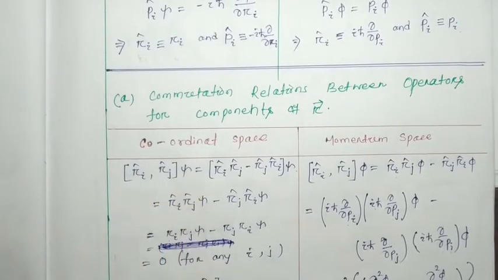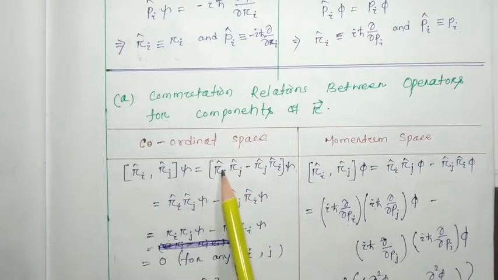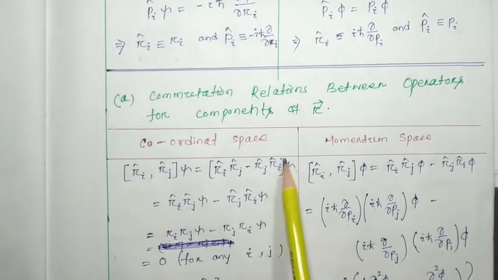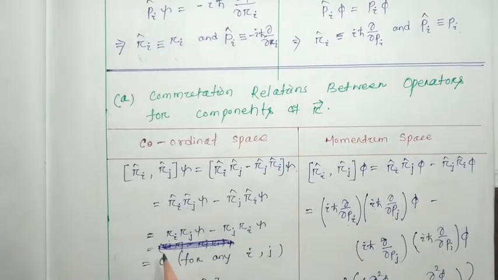So in case of coordinate space, suppose we are going to consider the commutator of R_i cap and R_j cap on psi. R_i is one component, R_j is another component, represented by the operators R_i cap, R_j cap. The commutator on psi will be written as R_i cap R_j cap psi minus R_j cap R_i cap psi.